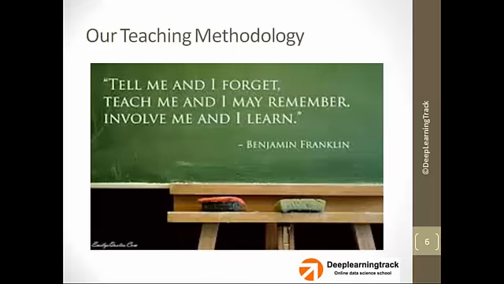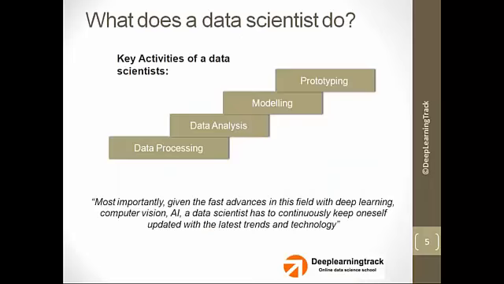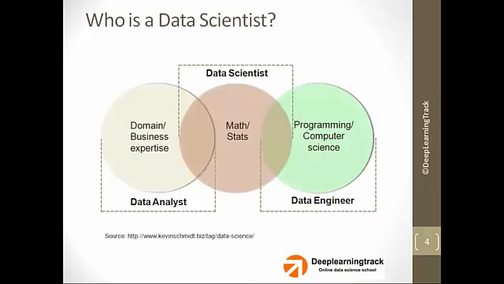Getting to the motivation behind the start of our deep learning track, if you think of the previous slide where we compared data analyst, data scientist, and data engineer, I would like to think of it as: what are the tools that we are using, what are the statistical techniques that we are using, and what are the use cases that we are solving.